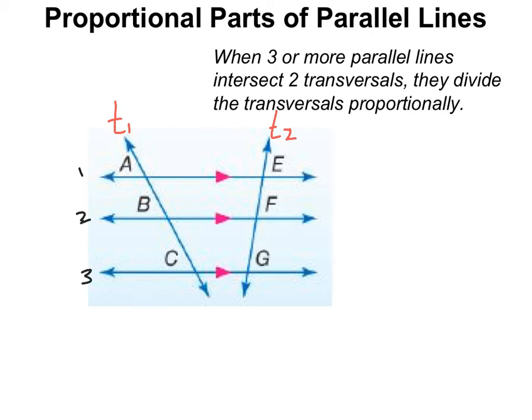So we have 3 or more parallel lines. And really, this is just an extension of that idea, because if we extended these transversals, what do we have? We have a triangle. So we end up having parallel lines that are parallel to one side of the triangle. If you think about this being a triangle right there, it's very related to what we've already talked about in this lesson.